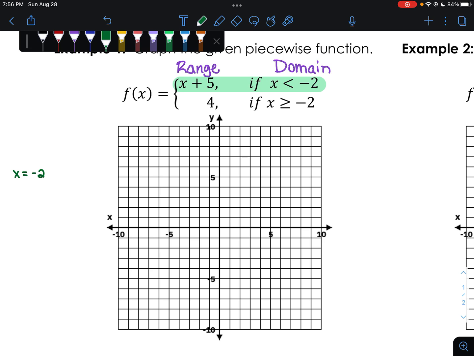Okay, so I plug in negative 2. I have negative 2 plus 5. That gives me 3. So this gives me the point negative 2, 3. I'm going to graph it, but again, because there's no line underneath, it will be an open circle at negative 2, 3.